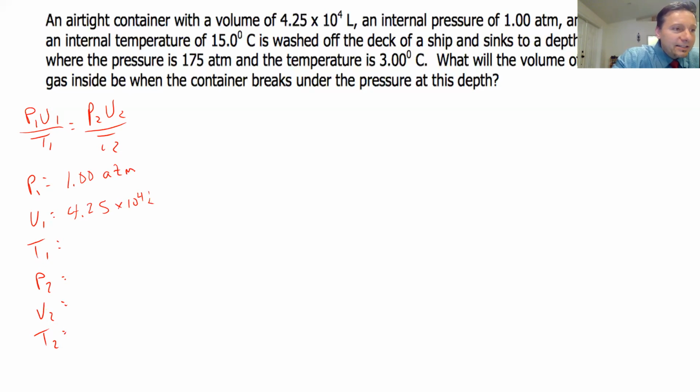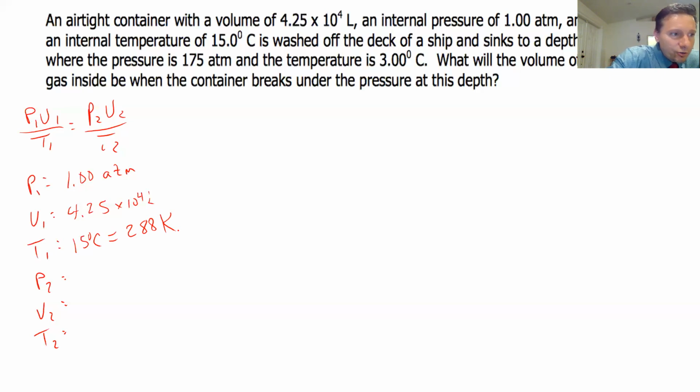Then it says here that my initial temperature is 15 degrees Celsius. So I've got to convert that to Kelvin. So I go 273 plus 15. So I have 288 Kelvin.